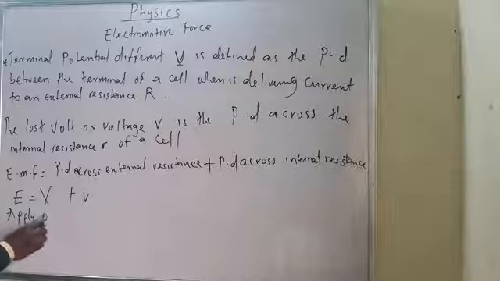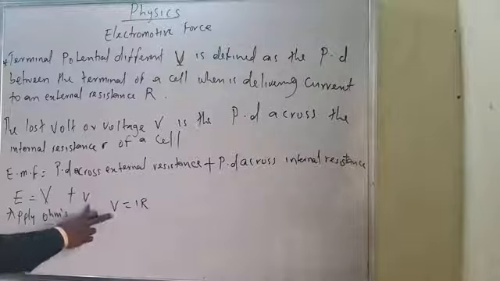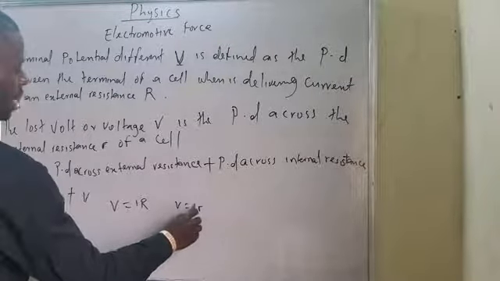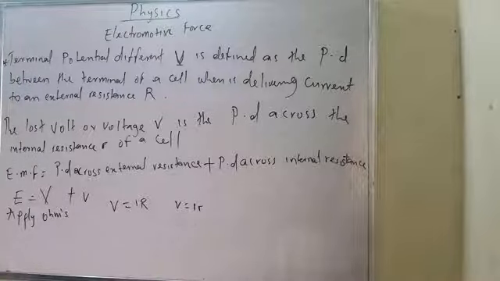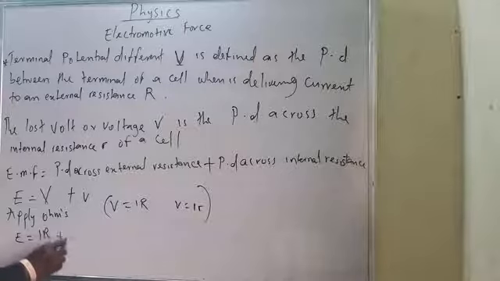By Ohm's law, V equals IR. If it is small v, small v will be equal to I times small r. Please take note of that. It means I can say that E, electromotive force, equals I big R plus I small r.